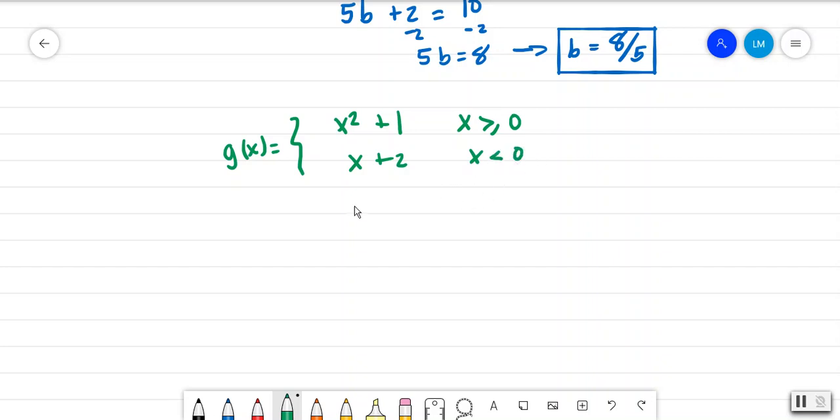Well, for this one, first off, g is defined. I mean, if you want to put a b, well, it's already too late to introduce a b, but we can just ignore the whole thing about finding constants, because notice that g of 0 is defined, but when you look at the limit of g of x as x approaches 0, you'll find that the limit doesn't exist.